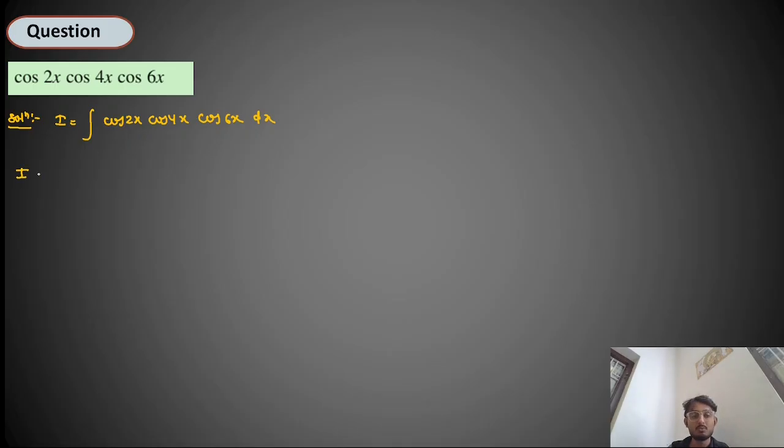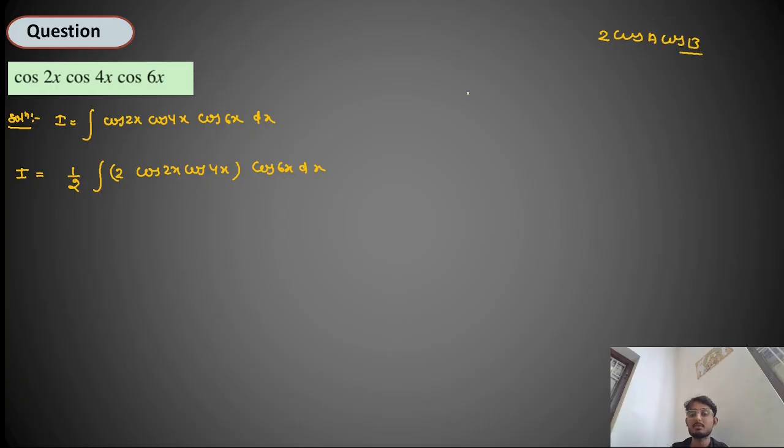So I equal to, first of all I will divide by 2 and multiply by 2. 2 cos 2x cos 4x and then cos 6x dx. As you know, what is the trigonometric formula for 2 cos a cos b?